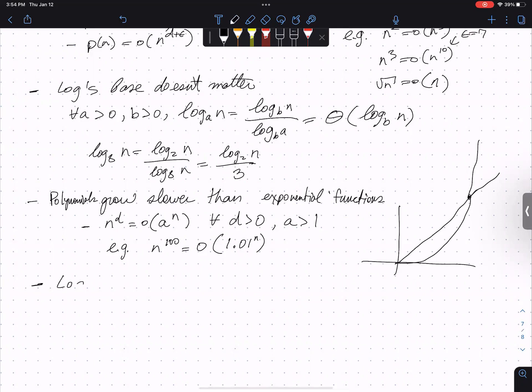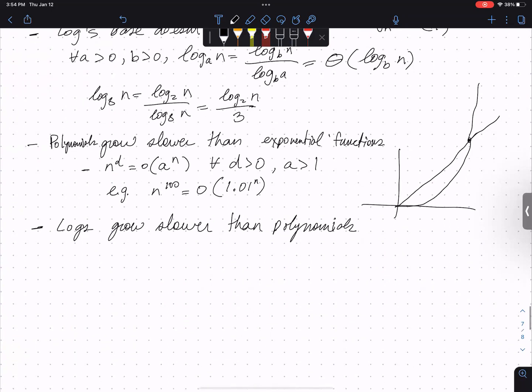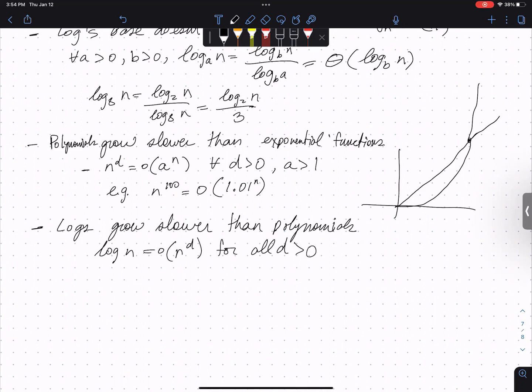Now, back to the logs, let's show that they grow slower than polynomials. It's a similar kind of logic. So log n is little o of n to the d for all d greater than 0.